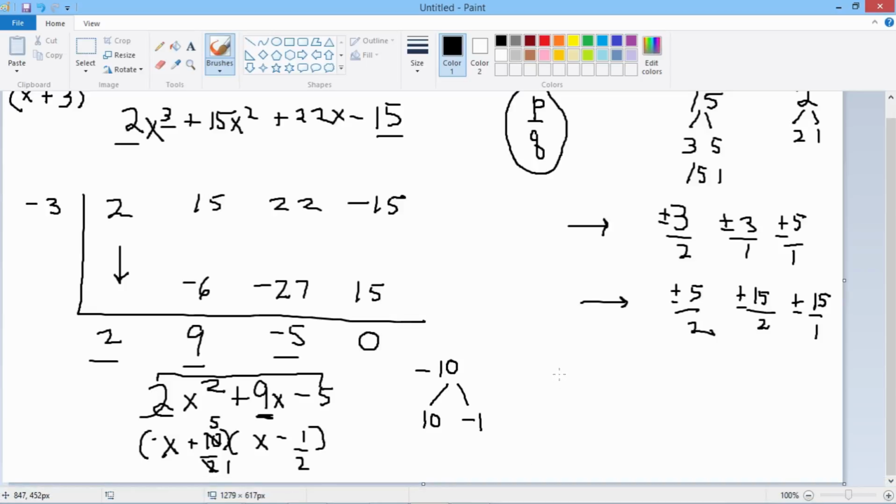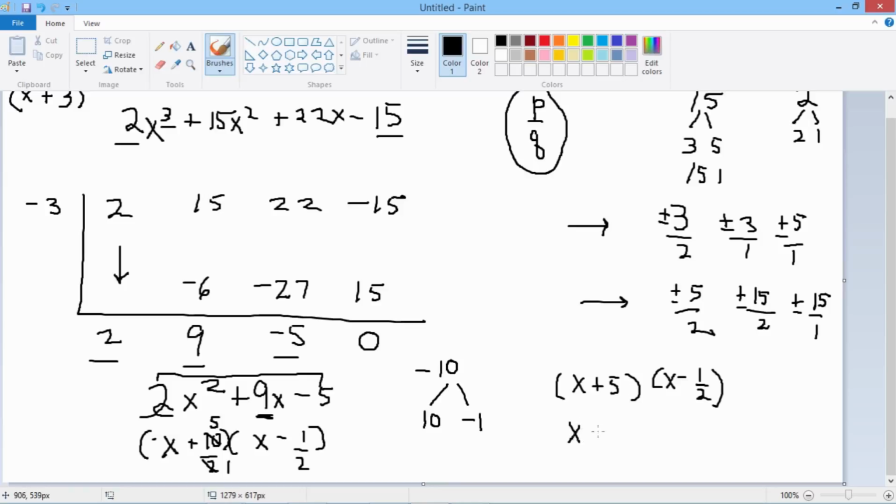So let me rewrite those over here. X plus 5, we're not done yet, x minus 1/2. And now in the simplified form, if I have a denominator remaining in that fraction, I just want to multiply that denominator by x.